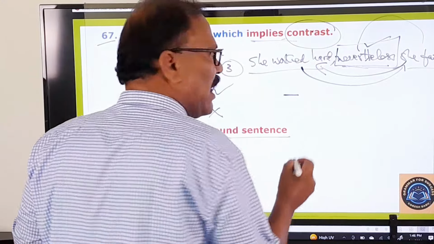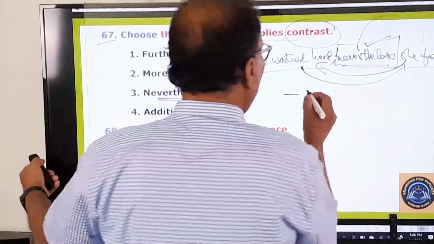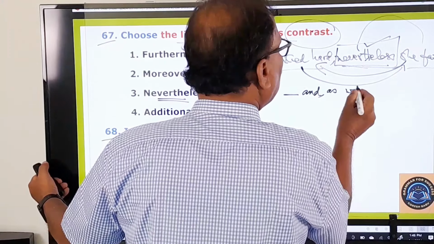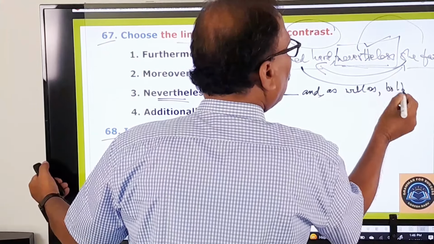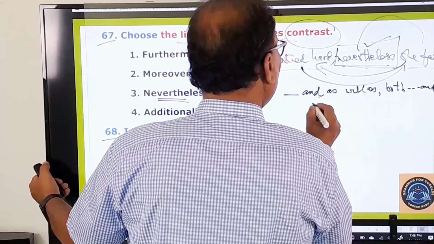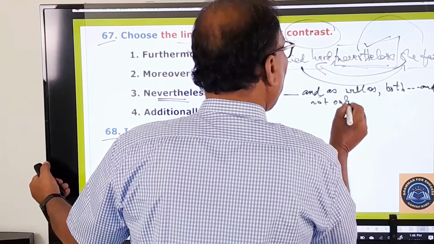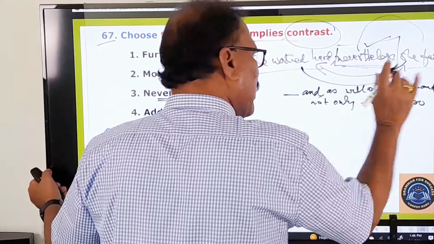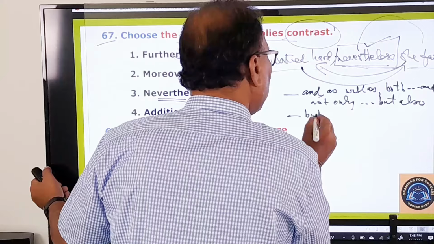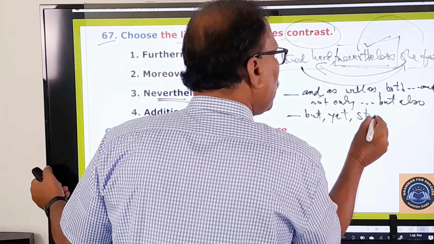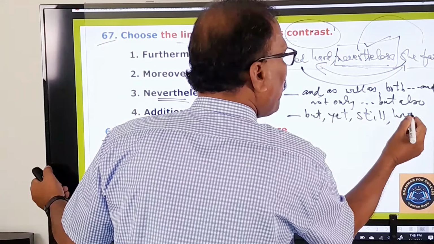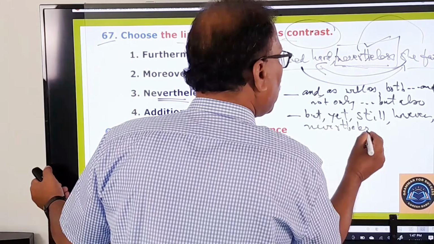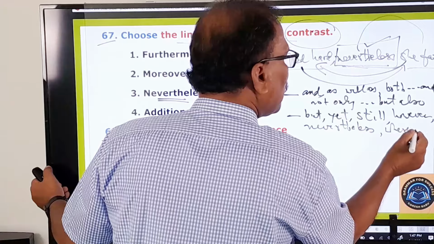Here I am giving a list once again for your convenience. Here you pay attention. And, as well as, both and, not only but also. This is one set of coordinating conjunctions. Second one: but, yet, still, however, nevertheless, whereas.